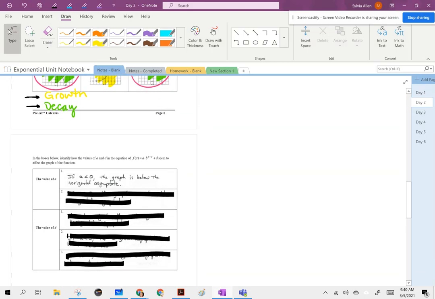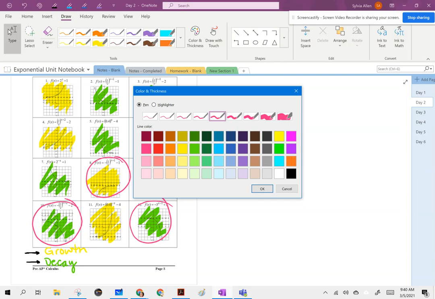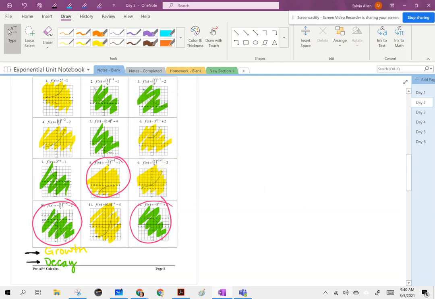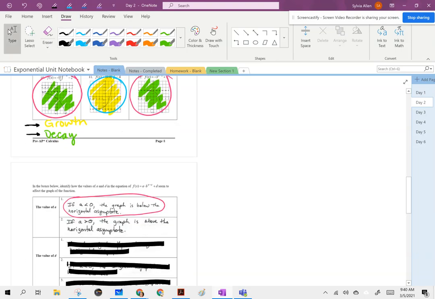All right, and I circled this. And then what about the other value of A? Well, if A is positive, the graph is above the horizontal asymptote. Let's just take a look at that. So A is positive and it's above the asymptote. Okay. All right, so that's a very important key thing to keep in mind. It's color coding there for you.